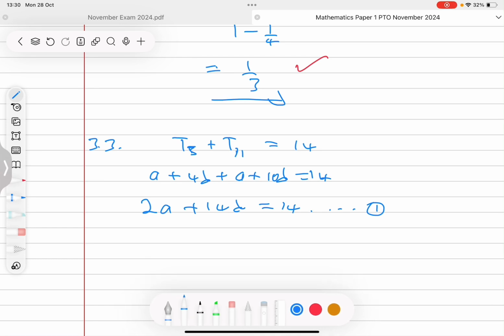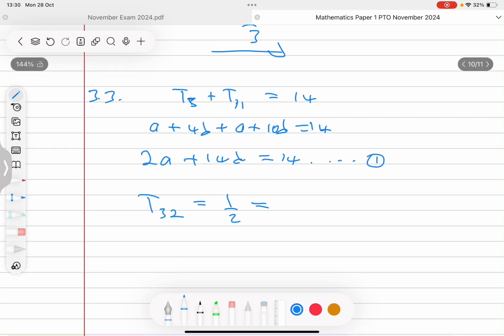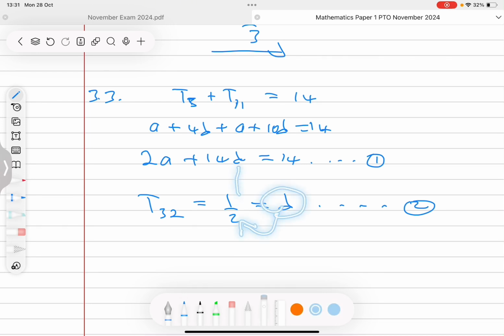If you take the 32nd term of a geometric series, it gives you 1 over 2. But this 1 over 2 is the same as the D, the common difference. Automatically, this gives me equation 2, because I can see how this D, which is 1 over 2, will be useful here.